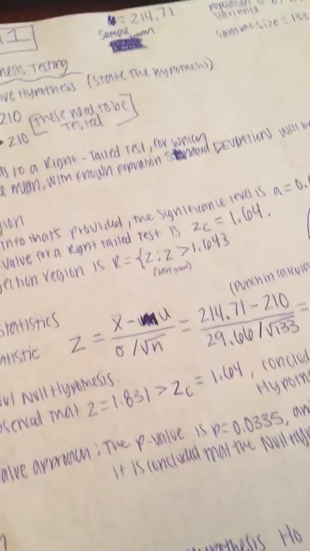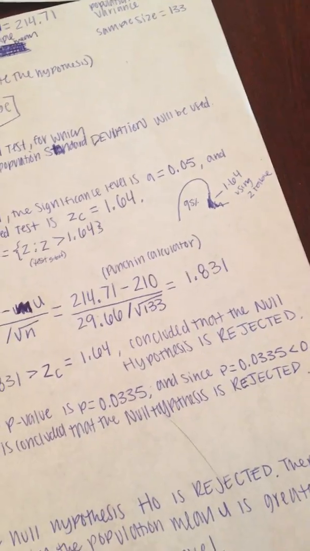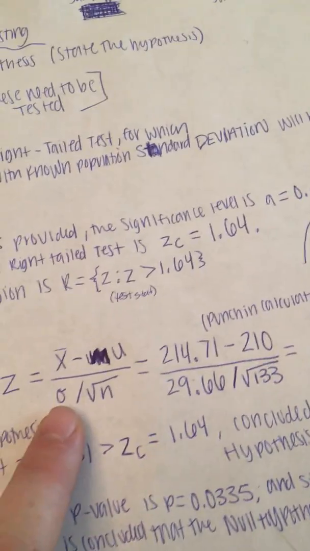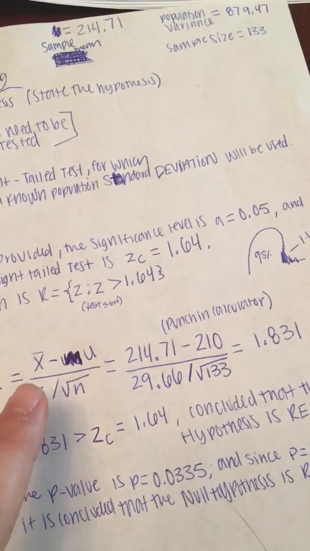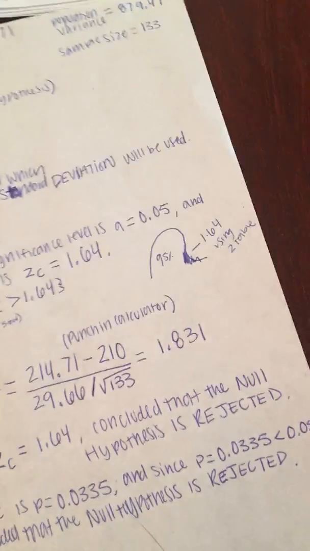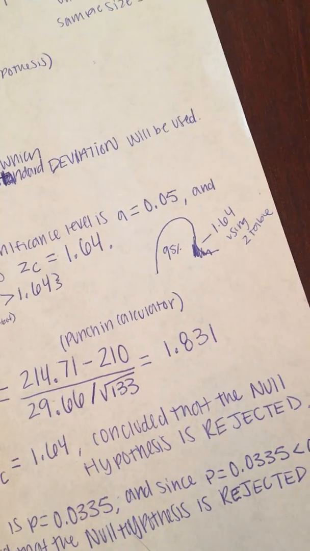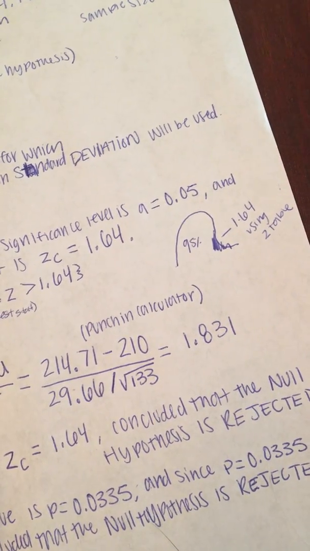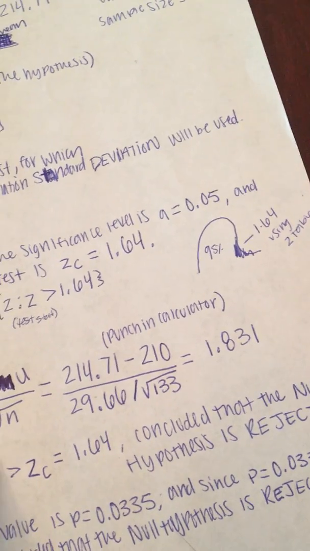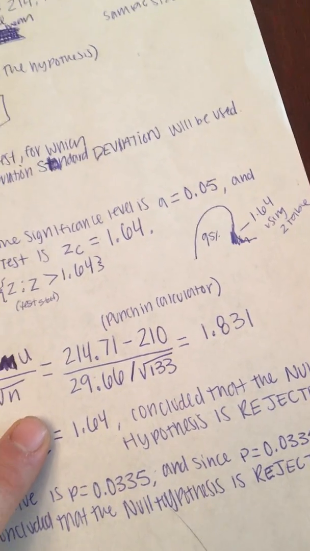So now we need to test our statistic. We need to figure out if our sample mean, so basically we have to use this formula: you punch in the sample mean minus the population mean over the standard deviation divided by the square root of the total number.